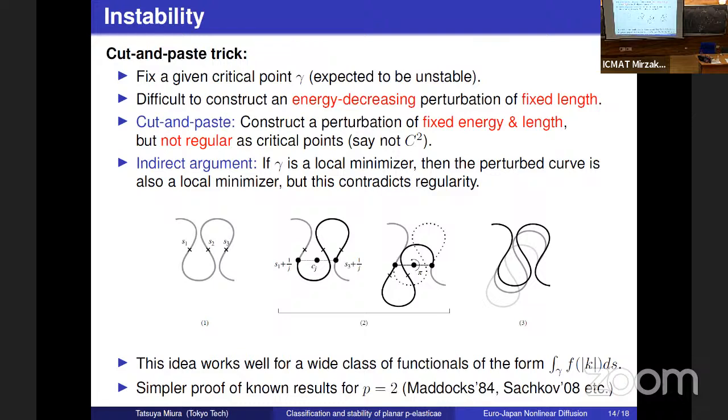So in the length penalized case, we need an additional freedom. So actually the previous method doesn't work straightforwardly, at least. Thank you. Yeah.